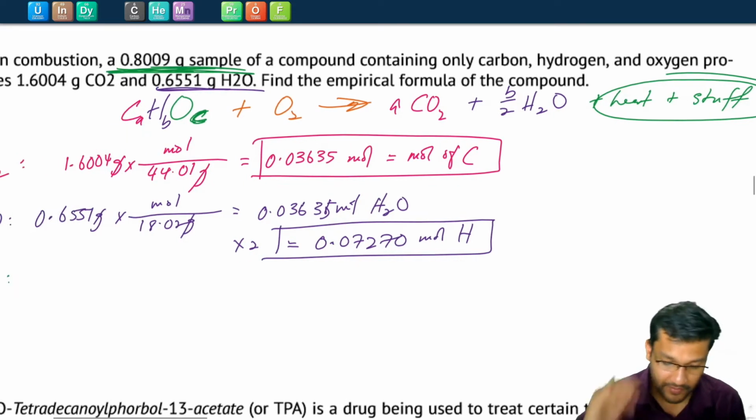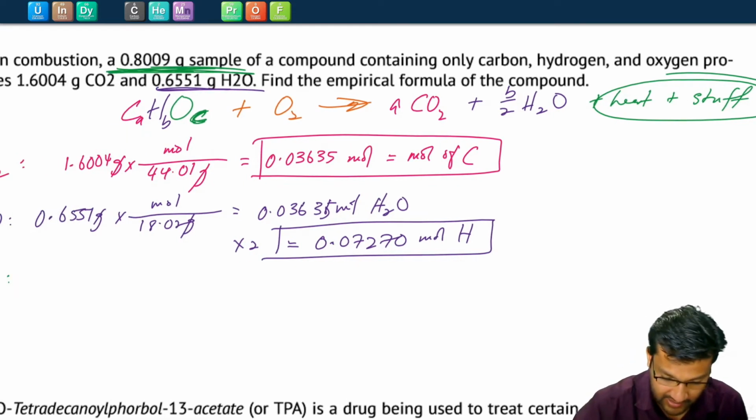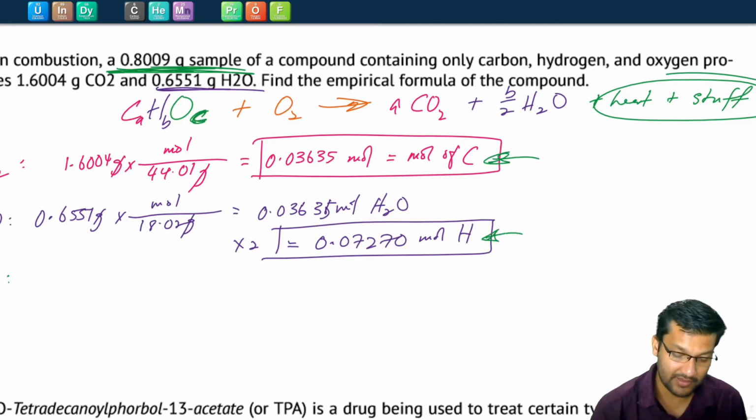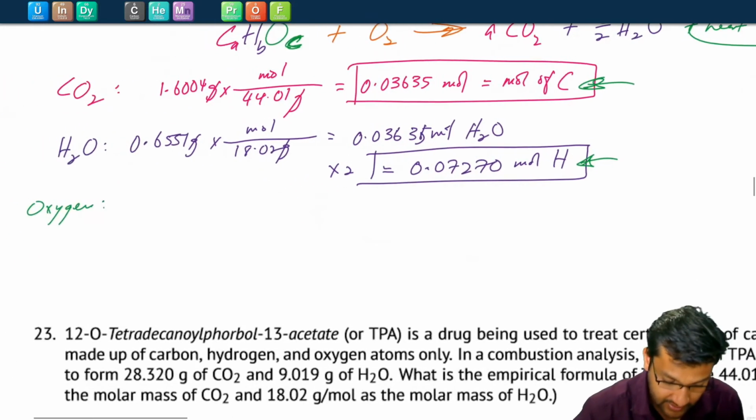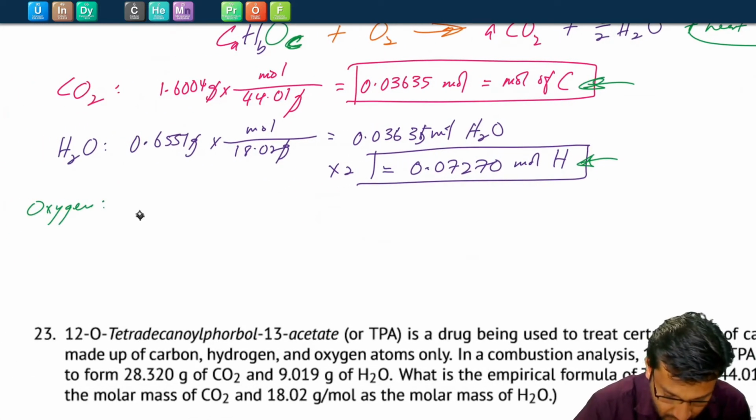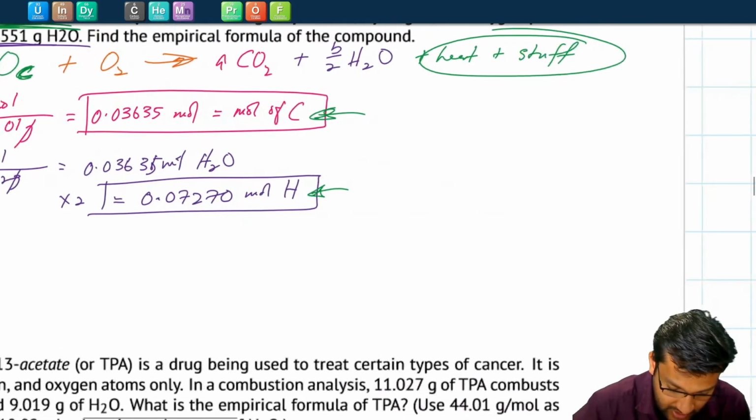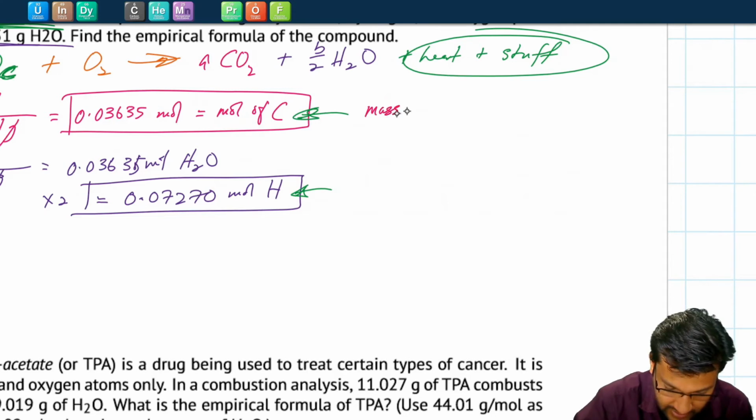So if we figure out what the masses of carbon and hydrogen are, because we already know their number of moles, we can figure out their masses, then we know that everything else would be oxygen. So before we can go about figuring out the amount of oxygen, let's figure out the mass of carbon.